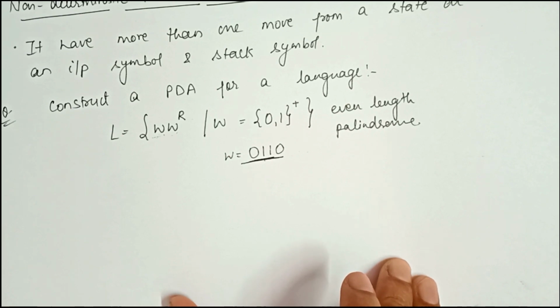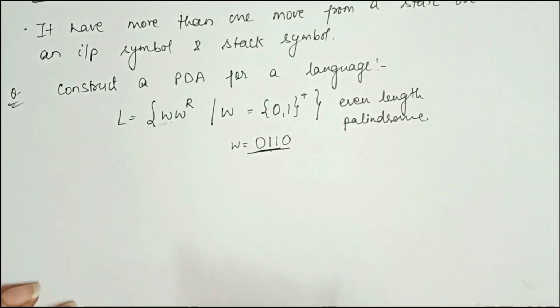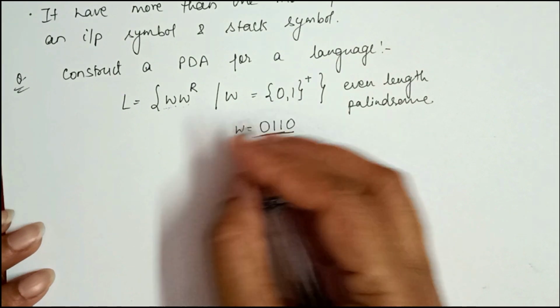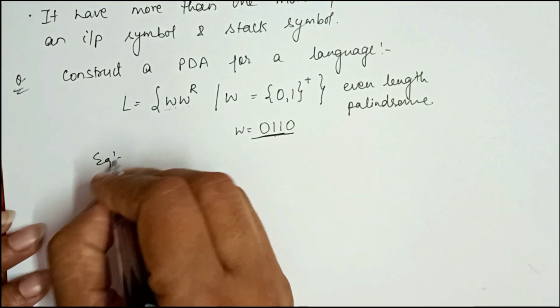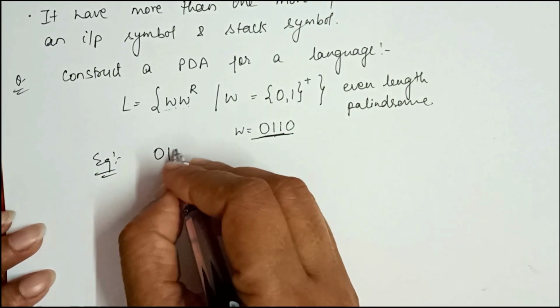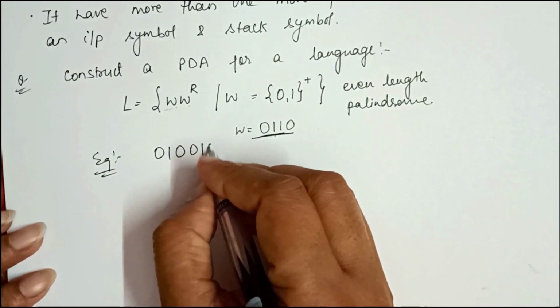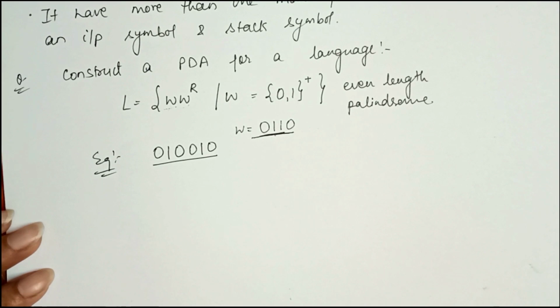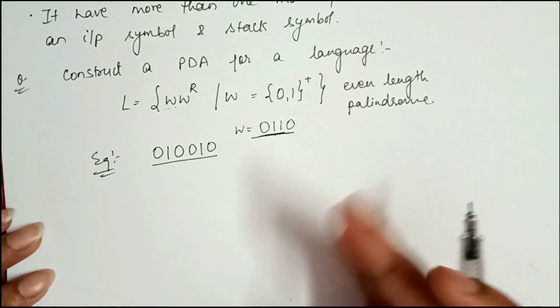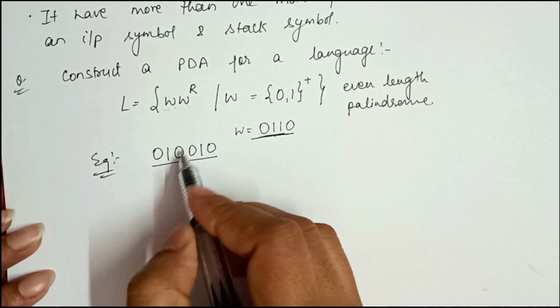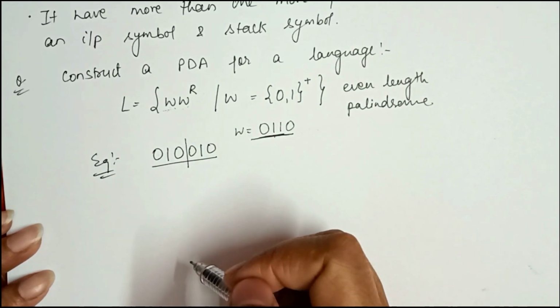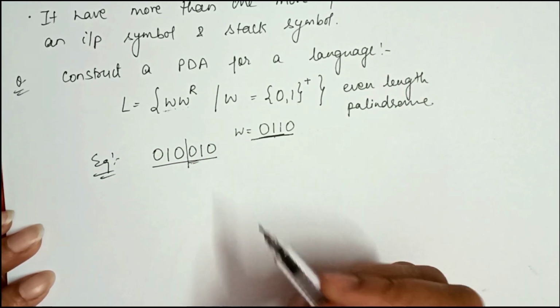If we take a language example like 0 1 0, this is W, and then the reverse of this is 0 1 0. We have to construct a PDA which accepts this string. So for this example, how do we guess where the second part starts, meaning where W to the power R, the reverse of W, starts?